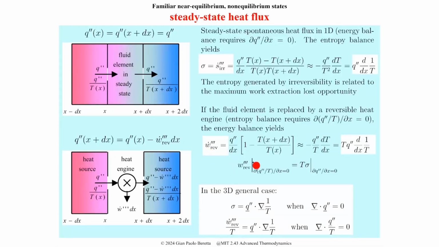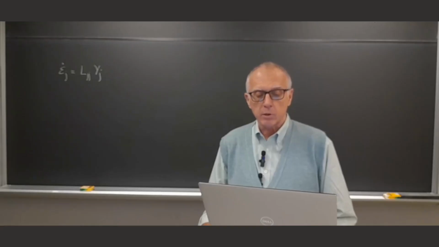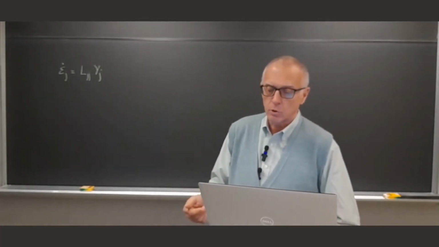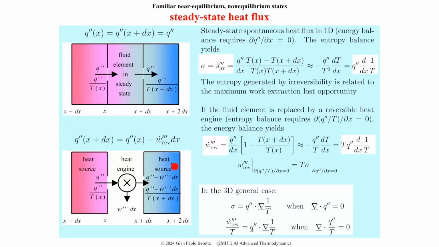And of course, we could have done it even without redoing the energy and entropy balances. The answer is that the maximum work you extract there is equal to the temperature that prevails around there, more or less the same, T times sigma, the entropy that you would have produced by irreversibility if you didn't do that work. Okay, so you get this relation here.